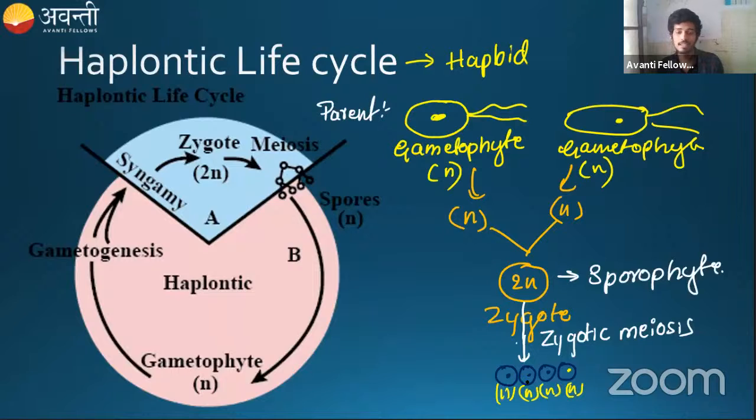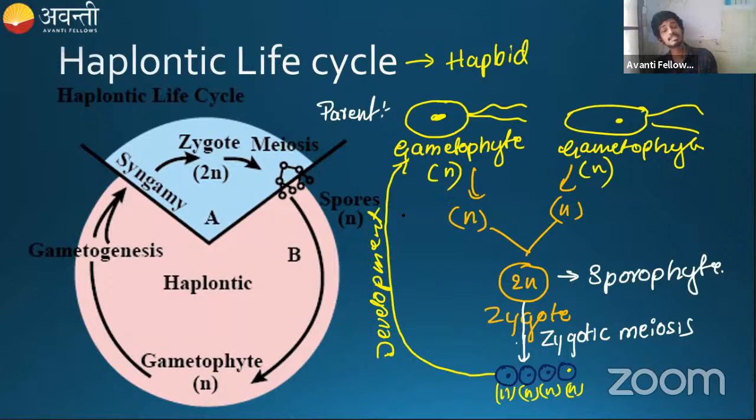But normally what happens is that three will degenerate, and one can survive, and this n will again develop into a new organism. So what is happening here? The gametophytic phase is very dominant and the sporophytic phase is restricted to a single cell, the zygote.